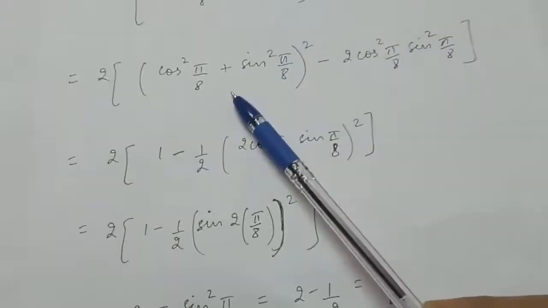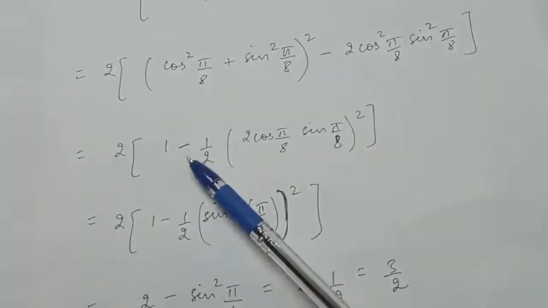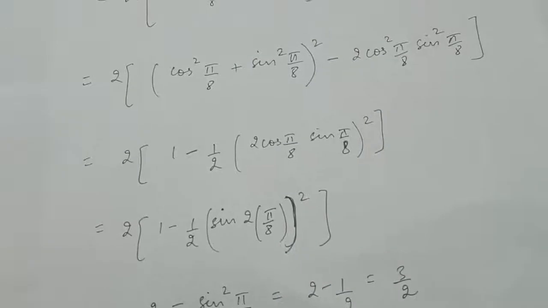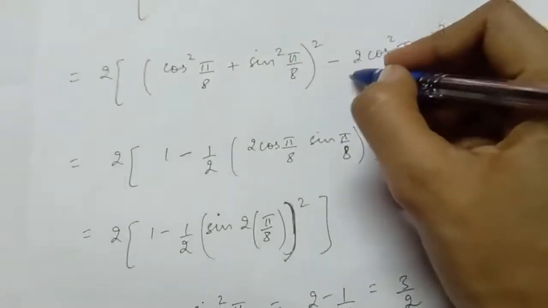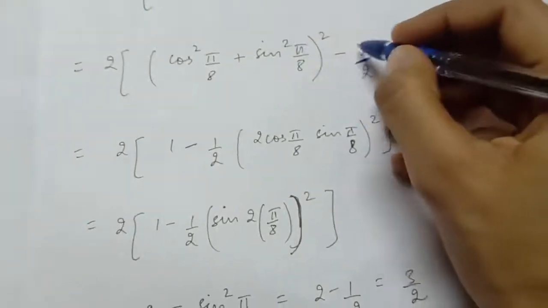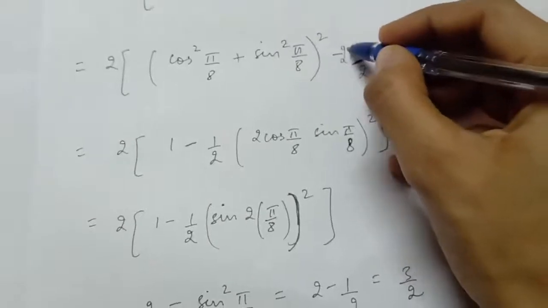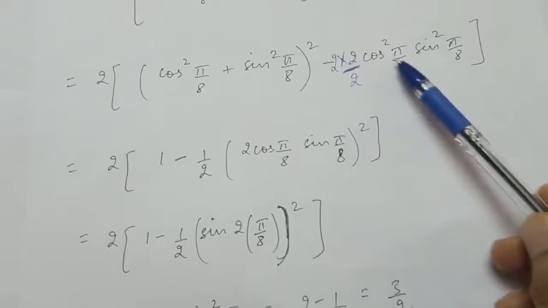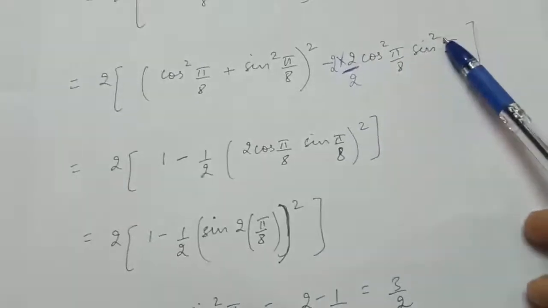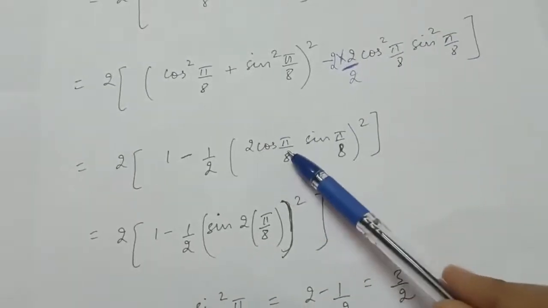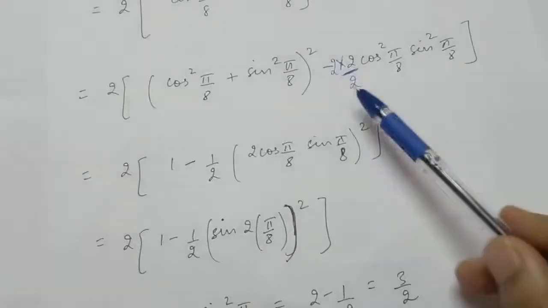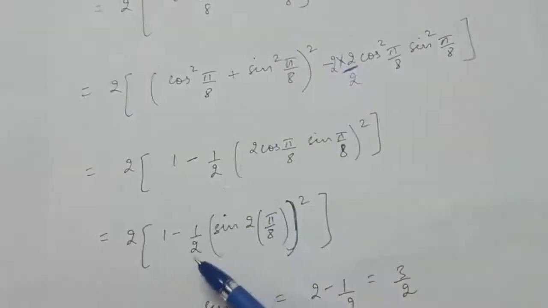Therefore this will be 1 and 1 square is 1 minus, now see here I am dividing and multiplying with 2, right? If I divide it with 2 and also multiply it with 2, so this is 2 square cos pi by 8 square and sin pi by 8 square, which I can write as 2 into cos pi by 8 into sin pi by 8 whole square, and this 2 outside, right?